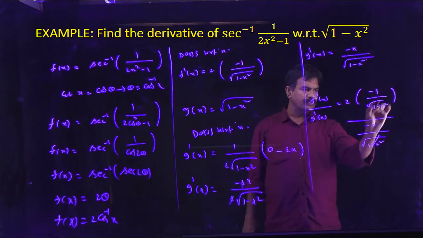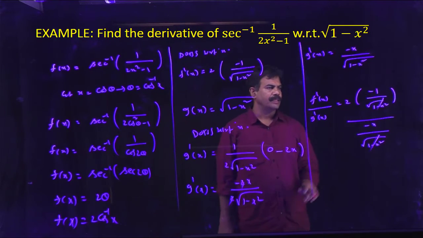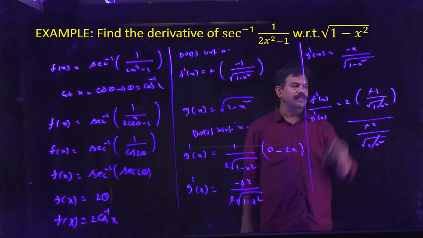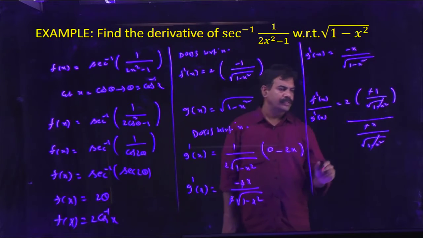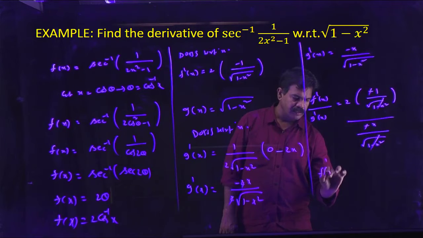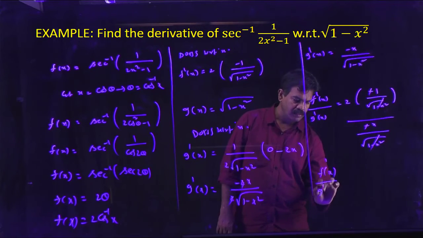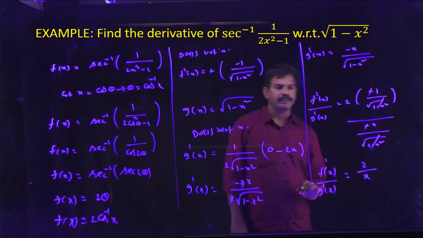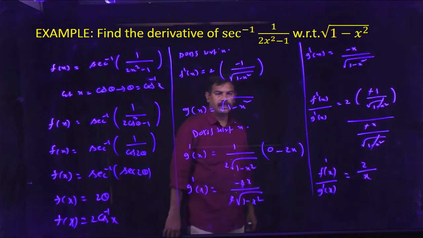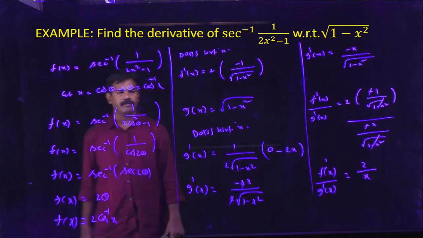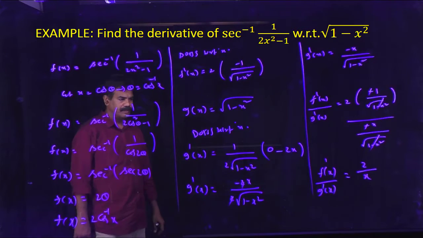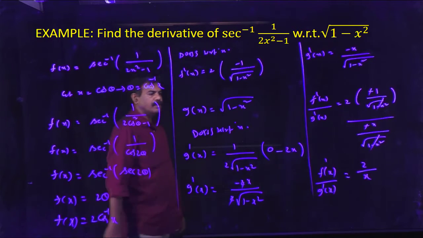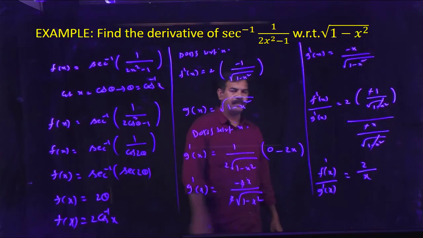Root of 1 minus x square, root of 1 minus x square cancel. Minus minus cancel. That is f dash x by g dash x is equal to 2 by x. This is the differentiation of one function with respect to another function. That is f dash x by g dash x is equal to 2 by x.